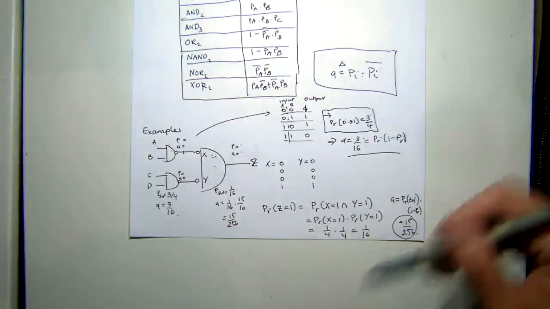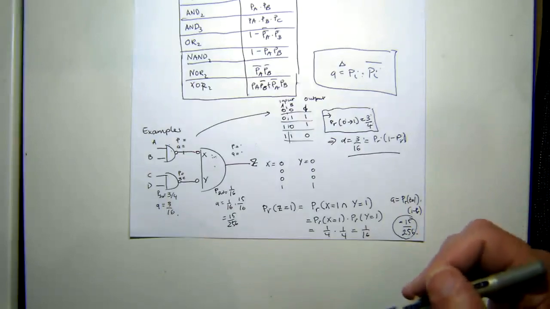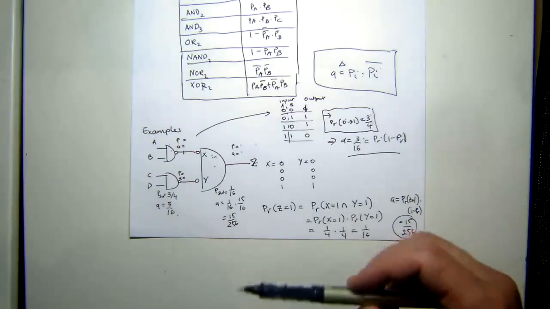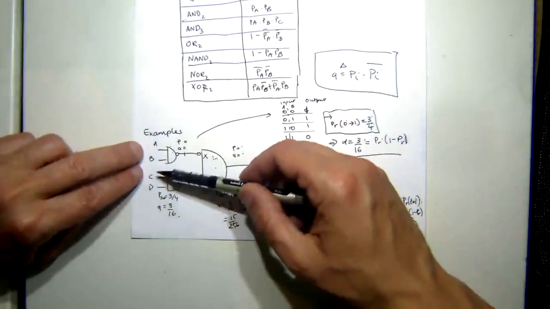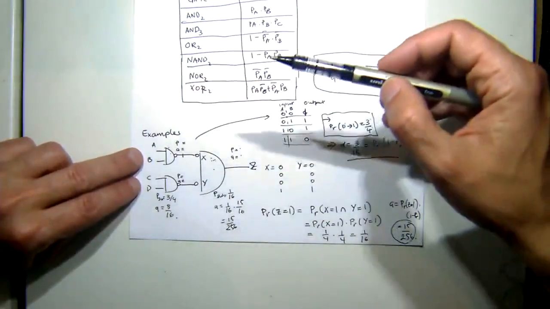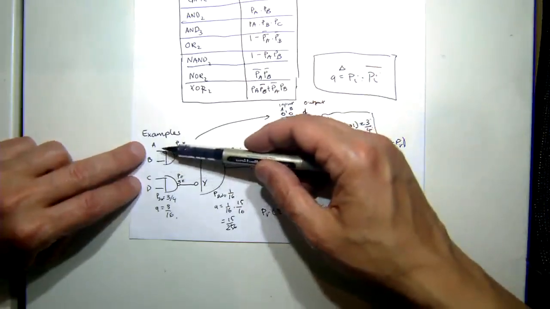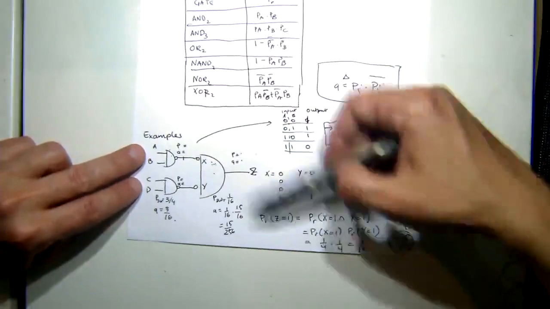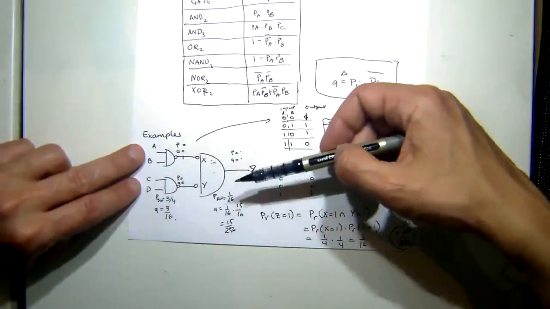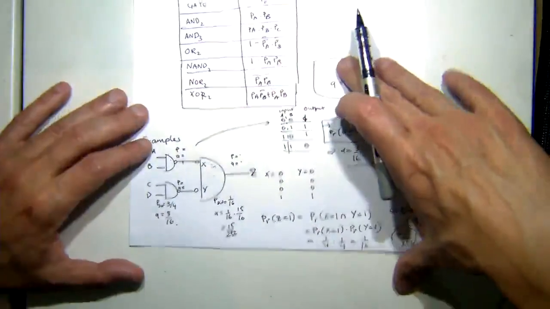So if A and B change at a quarter, then I can work out what my power consumption is going to be for this circuit, given a particular size and clock frequency.